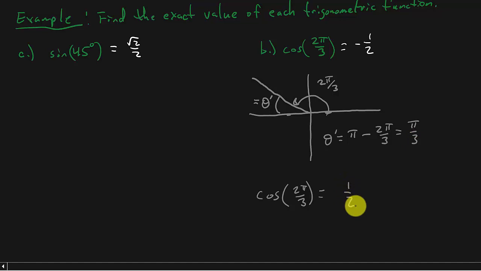It's giving you that value, 1/2 in this case. It's giving you the value. Now we've got to say, okay, what quadrant are we in? Well, we're in the second quadrant. Is cosine positive or negative in the second quadrant? Cosine's negative, and so it's negative 1/2, just exactly what we got.